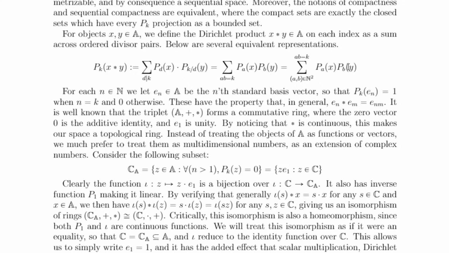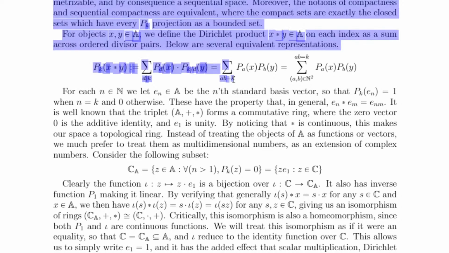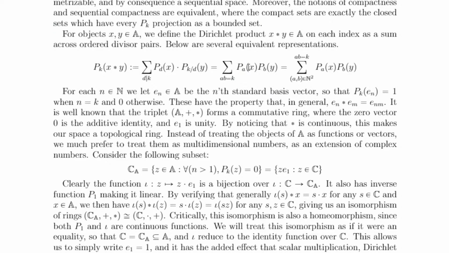There are some other equivalent characterizations we might use. This second characterization is really the same thing, but we might use this notation sometimes. We'll sum across integers a and b, and for each ordered pair a and b which multiply to be k, we'll take the projection of x onto the ath dimension and the projection of y onto the bth dimension.